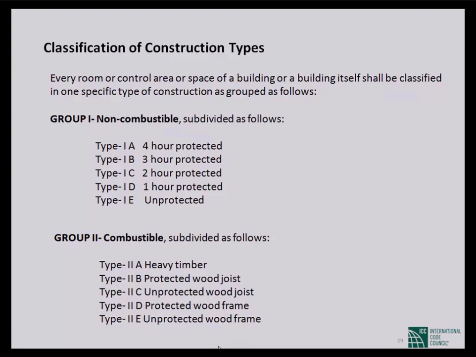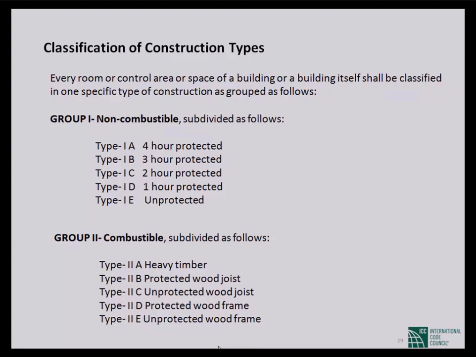So you can use steel with perfectly protected material, and then it will go up to the other fire protected elements. So for steel structure you have to think differently according to the fire rating you use. The steel structure can be type 1A, B, C, D, E, depending on how much fire protection you use. But if it is bare material and you are not giving any protection, it is unprotected.